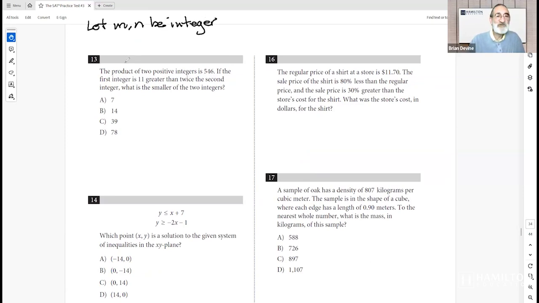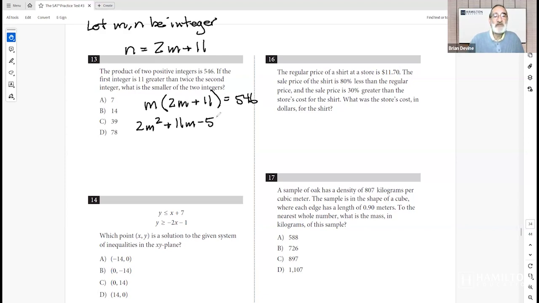So I'll say that n is equal to 2m plus 11, which means that m is the smaller one, because obviously 2m plus 11 is the bigger one. And I want the product. Well, m times n, which we now know is the same as m times 2m plus 11, has to be 546. And I can rewrite that as 2m squared plus 11m minus 546 would have to be 0.